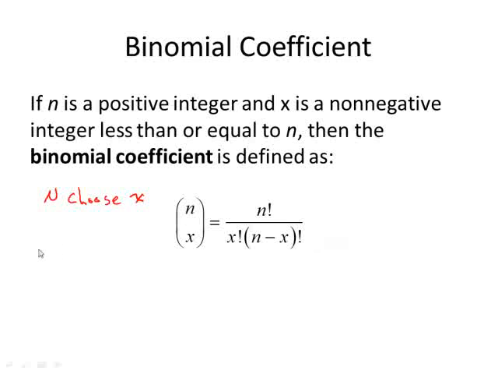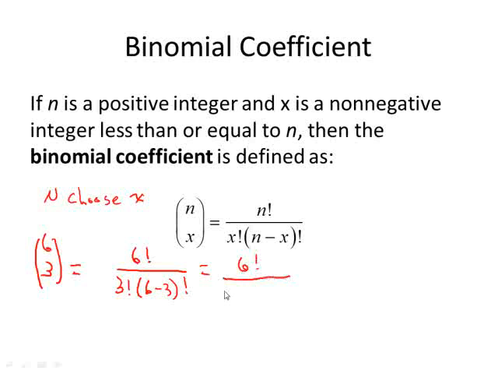So for example, by hand, if we wanted to compute, say, 6 choose 3, then using the definition here, we would say that this is 6 factorial. So everywhere I see an n, I put the 6 in, divided by 3 factorial times 6 minus 3 factorial. So this is going to be 6 factorial divided by 3 factorial times 3 factorial.